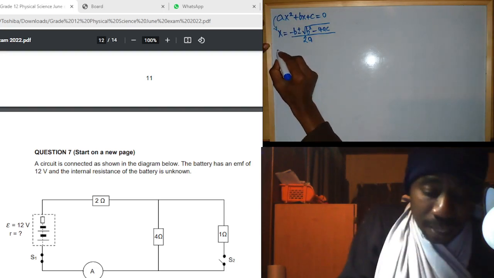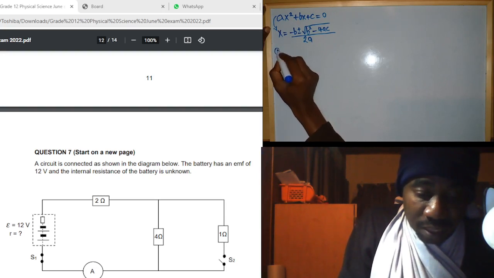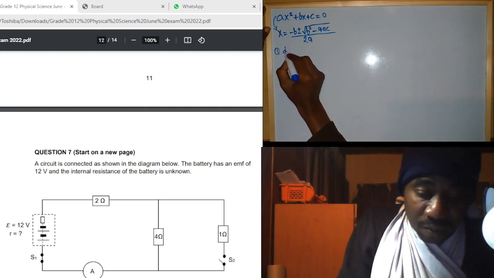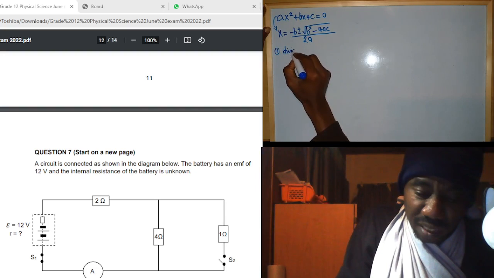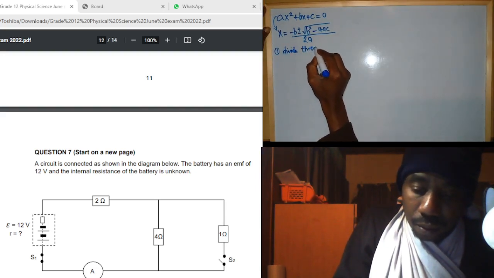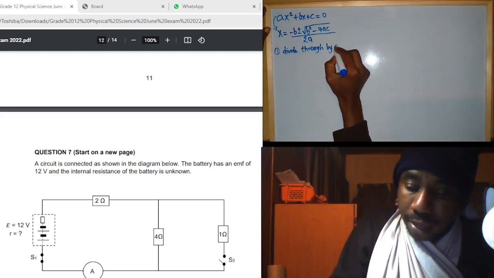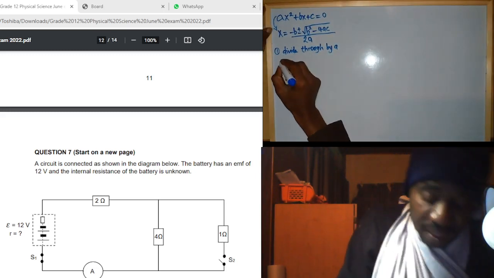So let's do that. So that will be the first step. So we divide through by a, which is the coefficient of x squared.